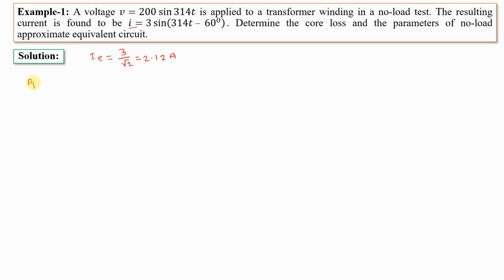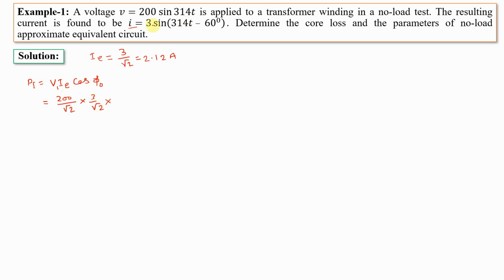Total core loss, or the iron loss, can be represented as supply voltage into no load exciting current into cosine of the angle between voltage and current, represented as cos phi naught. The RMS value of the supply voltage will be V max upon root 2, and the exciting current RMS value is 3 by root 2.